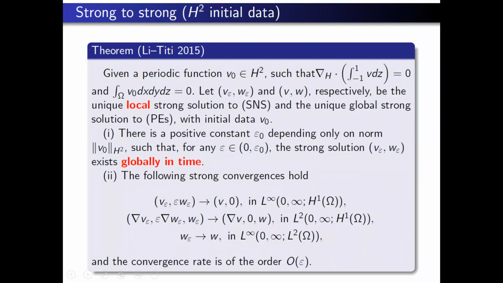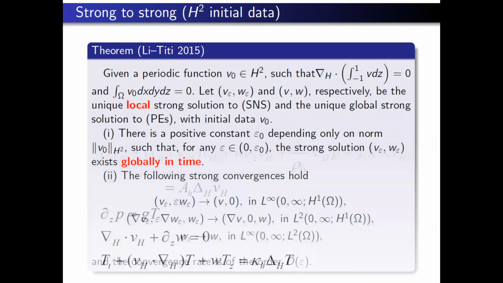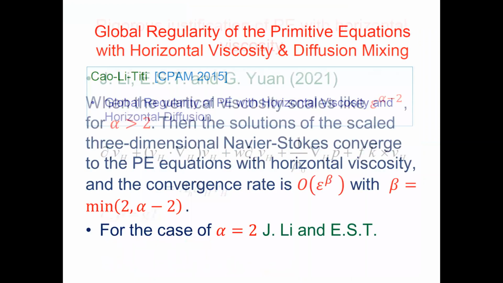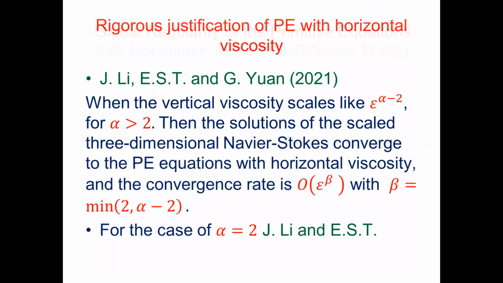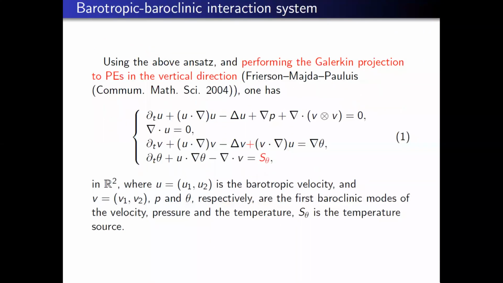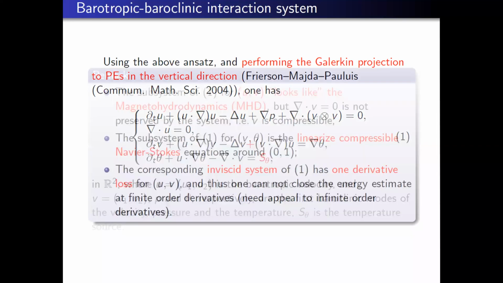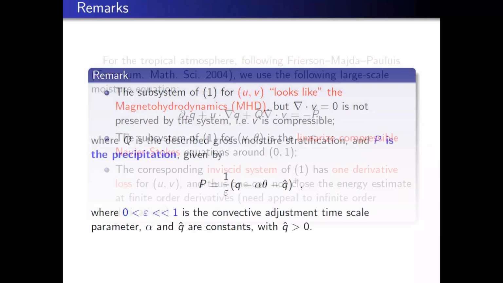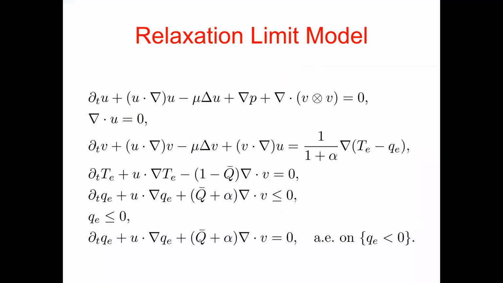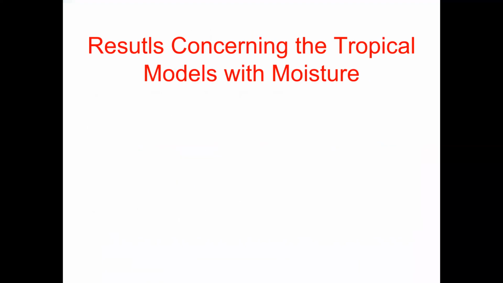When you have that model with moisture, do you have particular solutions that maybe model rain? I see the equation and you explain it, but by just looking at a solution, can you say, okay, this is a solution where we have some rain happening?